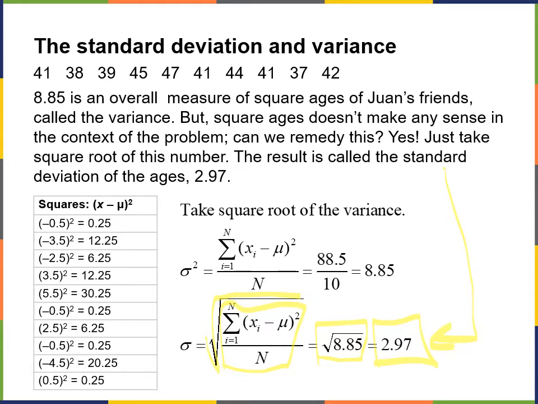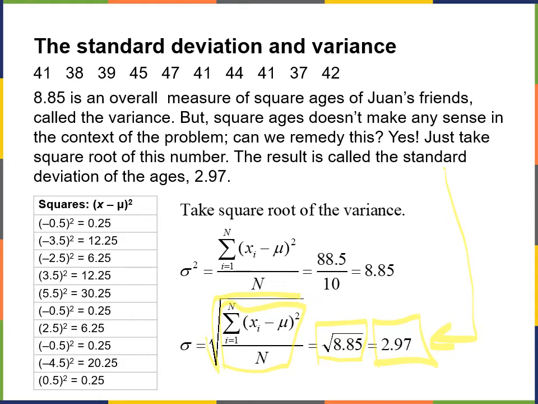So now what does that mean? It means that these 10 friends had an average age, a mean age, of 41.5. Not every friend was 41.5. In fact, none of them were. Some were below 41.5, some were above 41.5 in terms of their age. So they all deviated.